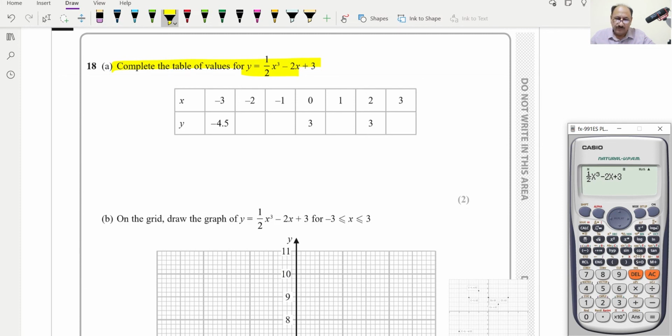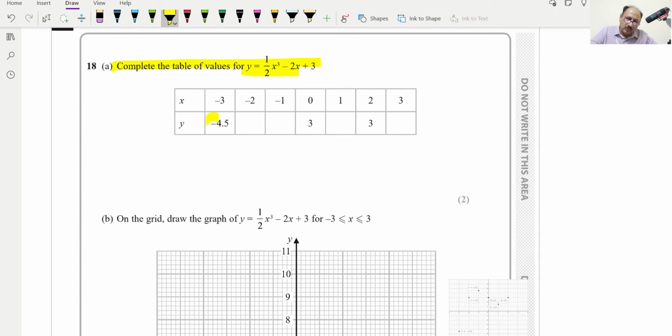We have typed this equation. After that we'll check this equation for x equal to -3. We press calculate for x is equal to -3, press equal to, and we get -9/2, which is -4.5, which is over here. This value is -4.5. So our equation is basically working.